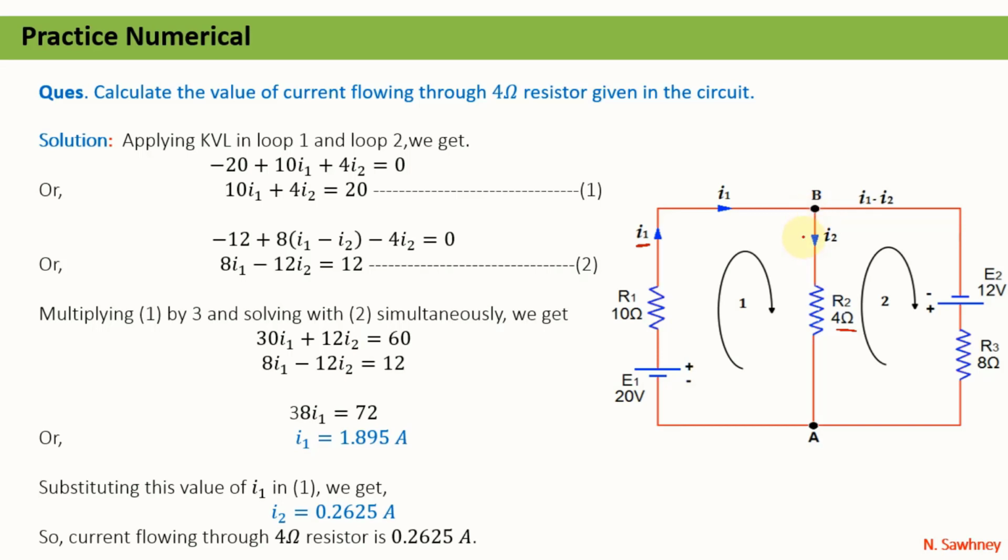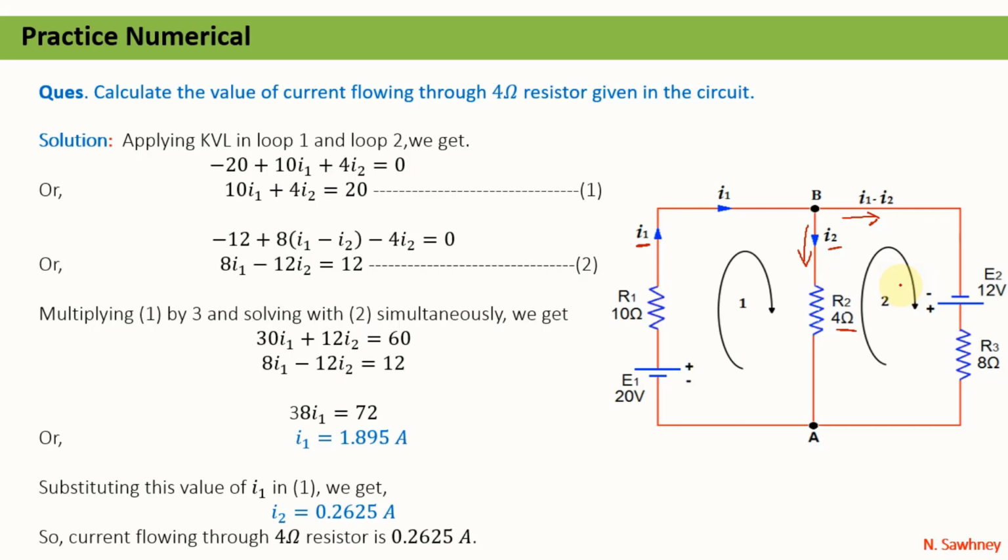One part of the current will flow towards the 4 ohm resistor, and the other part of the current will flow towards the 8 ohm resistor. Let the current flowing from B to A be marked as I2, and the rest of the current, that is I1 minus I2, flows through the 8 ohm resistor.